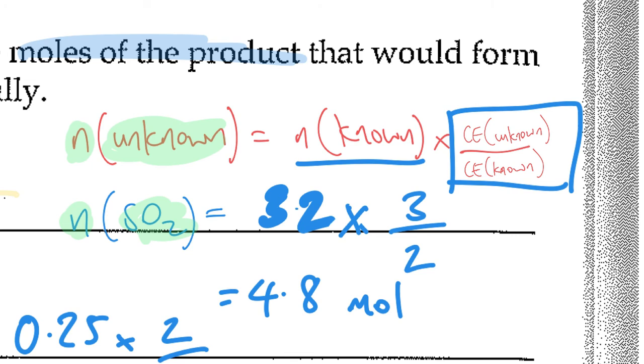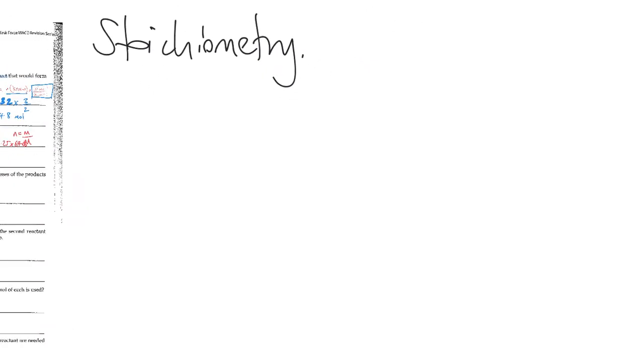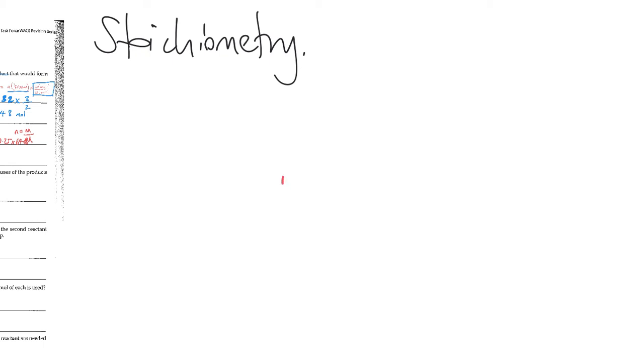Okay? So what I wanted to do is show you the way that you're going to think of these calculations. What you've got to recognize is that the number of moles of your known, this is the known side, can be solved for the number of moles of the unknown via stoichiometry. Okay?